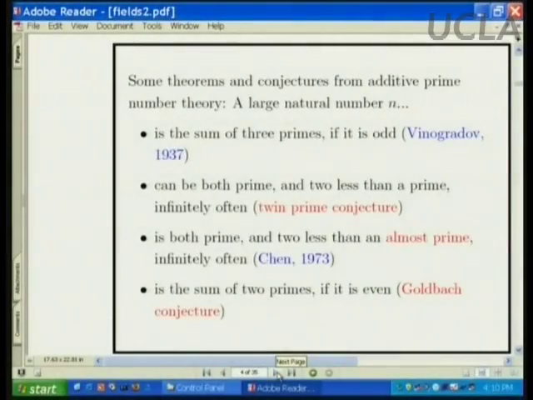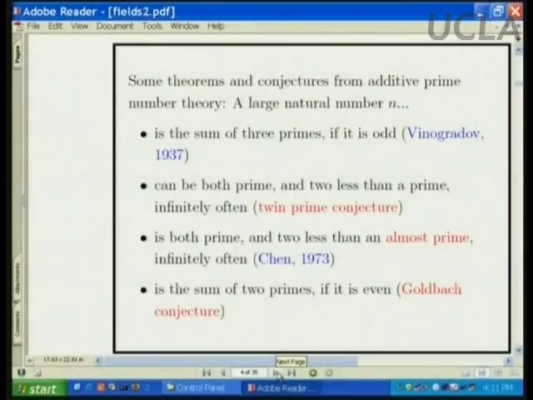Okay. So that's multiplicative number theory, prime number theory. If you go to additive prime number theory, what you start finding is that the results are fewer, and in fact, many of them are conjectural. So, all those results are proven. Here are some typical results from additive prime number theory. If you take, again, a very large number n, we know, for instance, that any large odd number n can be written as the sum of 3 primes. This is a famous theorem of Vinogradov from 1937.